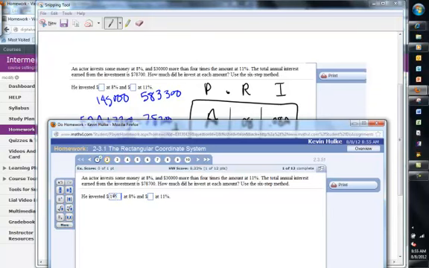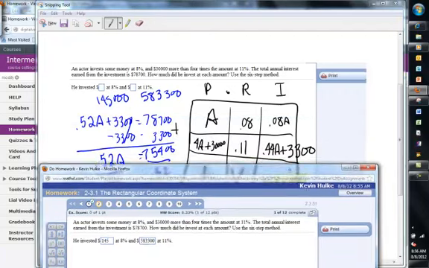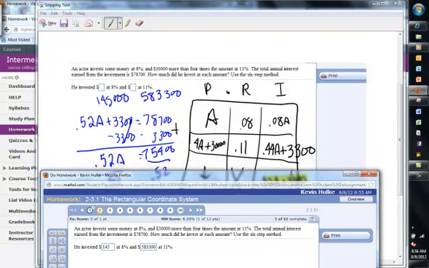145,000 and 583,300. Uh-oh. Let's see here. Maybe I didn't multiply right. 145,000 times 4, I didn't get the 3 zeros here. Okay, now it's right.